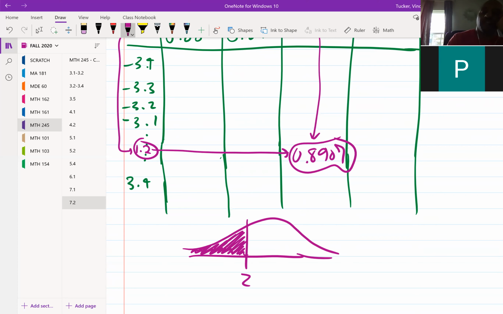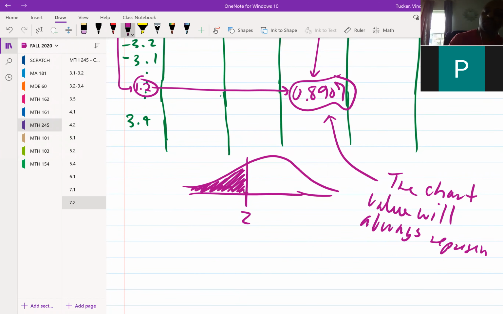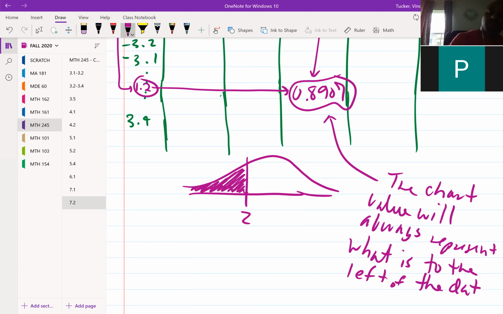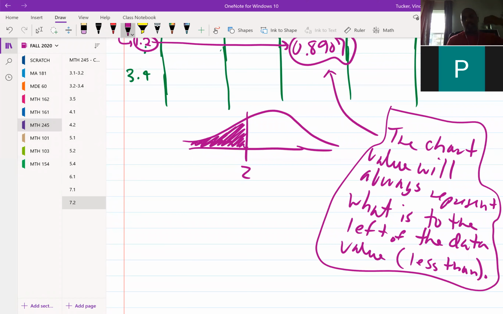So what that means is that the chart value that you get will always represent what is to the left of the data value, or in other words, what is less than the data value.